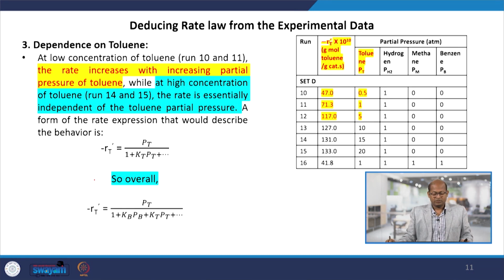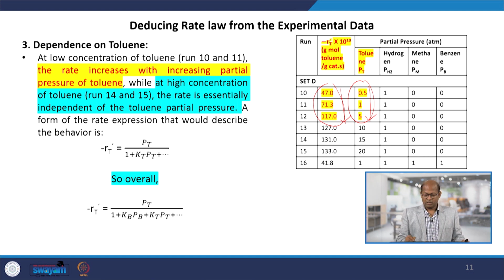Okay. Similarly, in the case of toluene and the rate, you can see that as the toluene partial pressure gradually increases, the rate also increases, linearly.